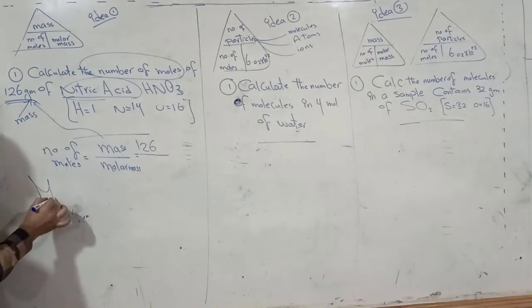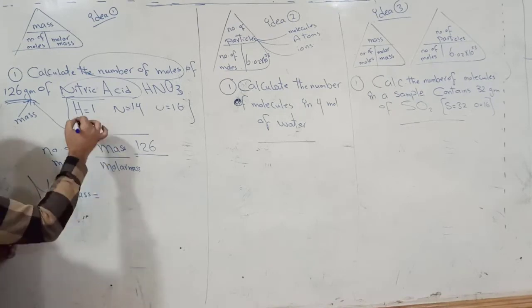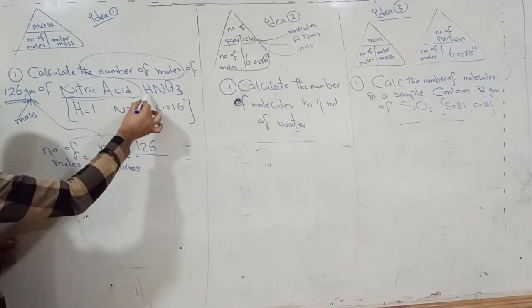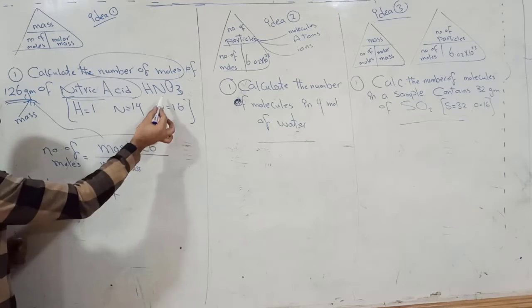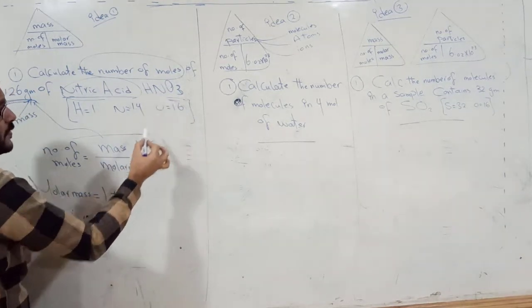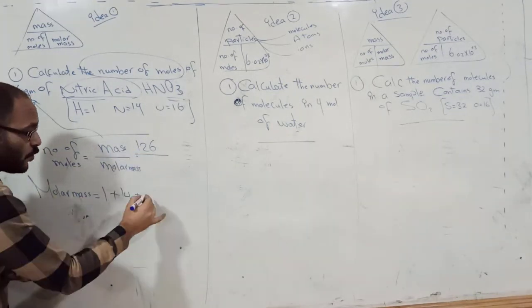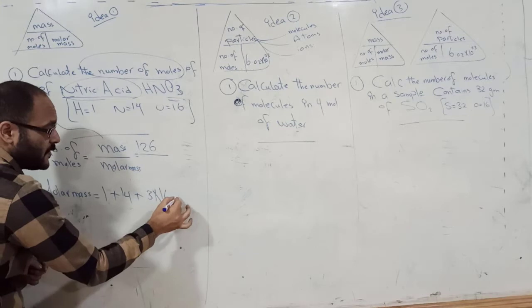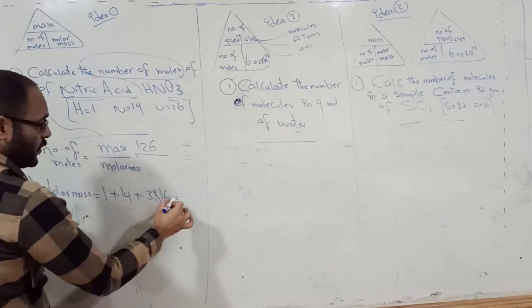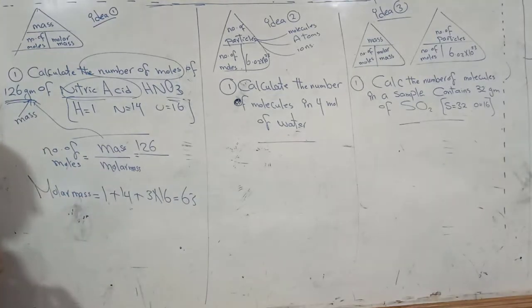Molar mass, Mr, for HNO3 equals H 1 plus N 14 plus O3, which is 16 plus 16 plus 16, or 3 times 16, equals 63. This is the molar mass.